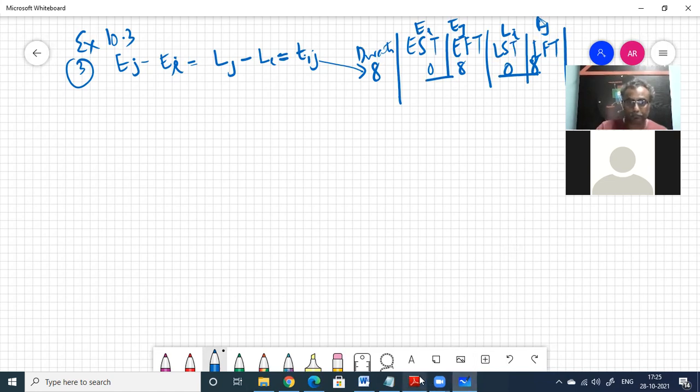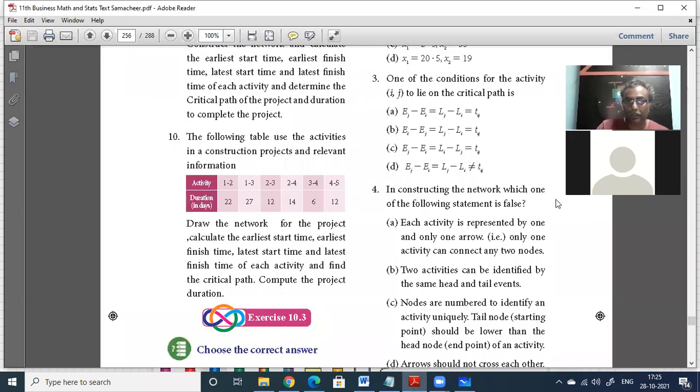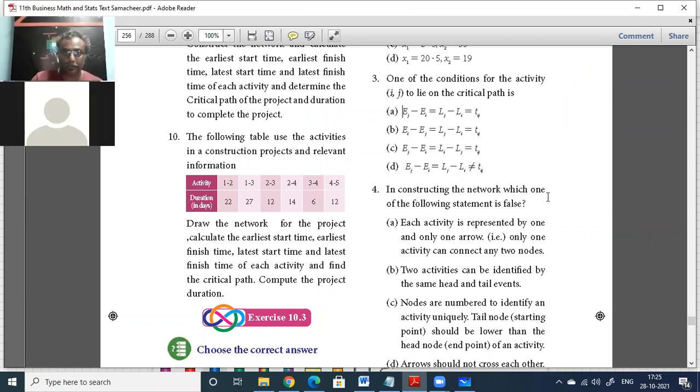In the fourth sum: in constructing the network, which one of the following statements is false? Each activity is represented by one and only one arrow, i.e., only one activity can connect any two nodes. Two activities can be identified by the same head and tail events.